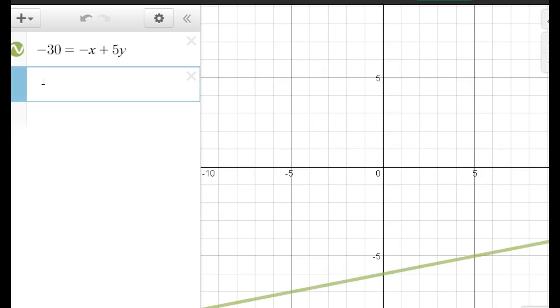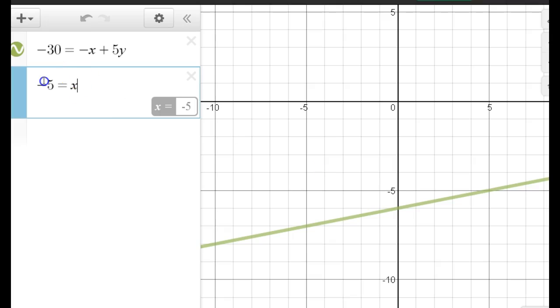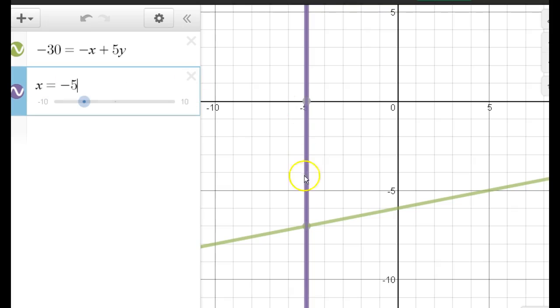Same thing on the bottom one, you can type in negative 5 minus x equals 0. Actually, it doesn't let you do that one. This one you have to type in x equals negative 5, maybe? Yeah, there we go. And you can at least verify with your own homework that you got the right answer.